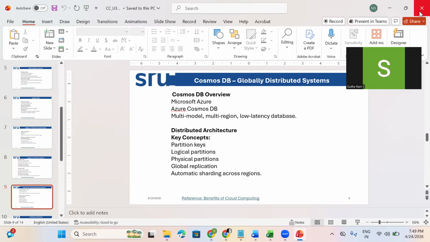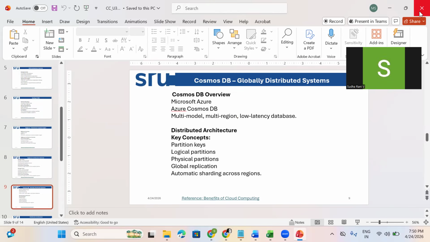Coming to CosmosDB, it is a globally distributed system. Overview: Microsoft Azure, Azure CosmosDB, a multimodel, multi-region, low latency database.